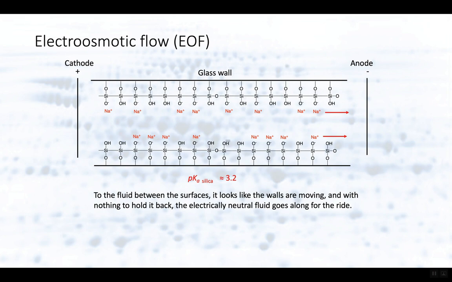So it looks like the walls are moving with nothing to hold it back, and this is why we typically add some sort of gel matrix into the electrophoretic channel.